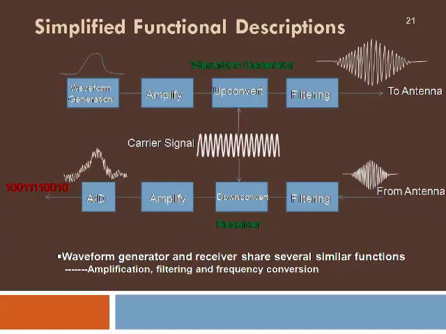Then the target is going to scatter this energy in all the directions. A very small portion or fraction of the total power is going to travel in the return path towards the antenna again. So the antenna, as it is waiting for the received signal, will be receiving this, and the received signal amplitude is going to be very, very small.